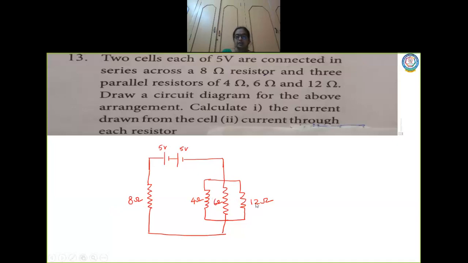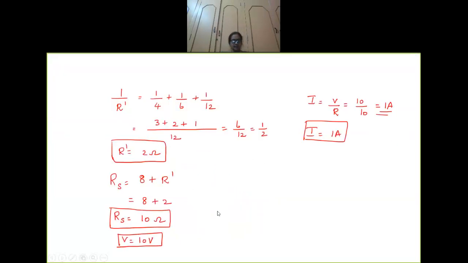Now I am going to find out what is the current through each resistor. The current through this 8 ohm resistor is 1 ampere, children. But what is the current through these resistors? I am going to find out. Okay, so now the potential difference across the parallel combination.